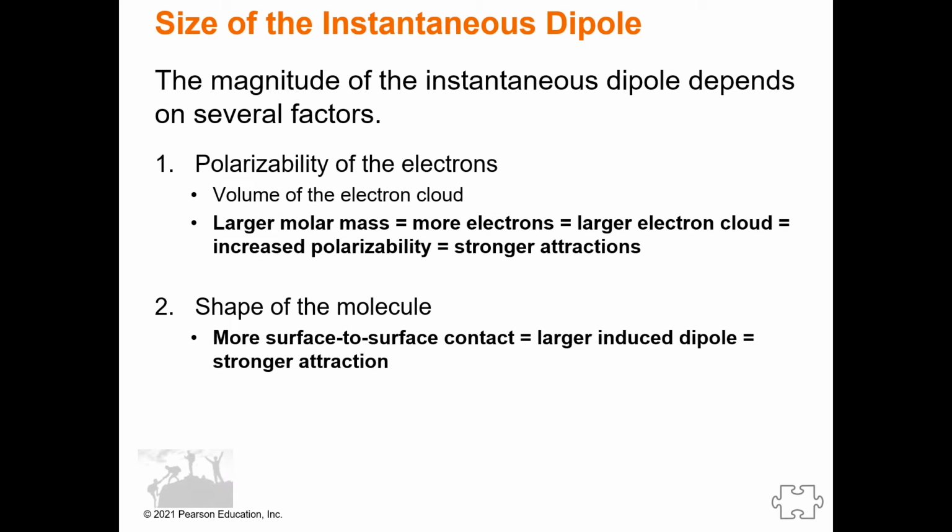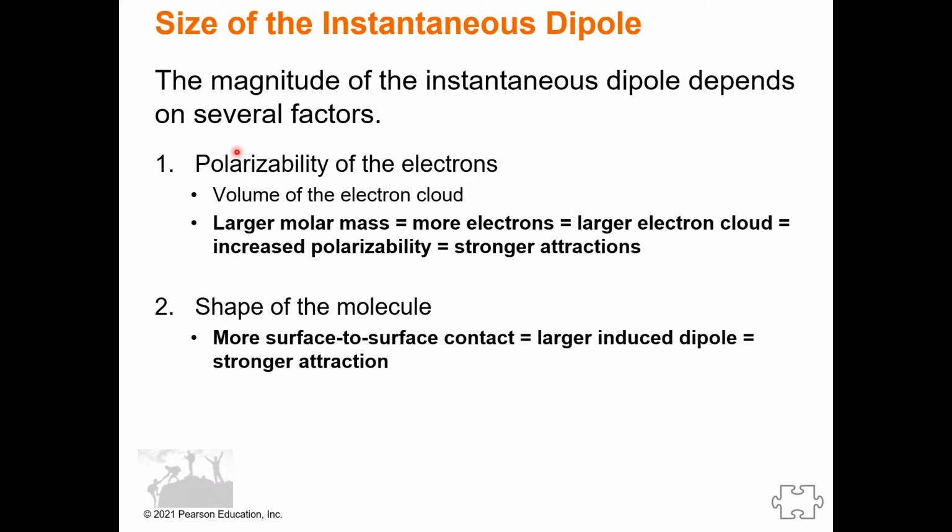So now we have to take a look at different factors that determine the magnitude of these instantaneous dipole moments. The first factor that we're going to look at is polarizability. When you see that term, you're going to think of the size of the electron cloud.